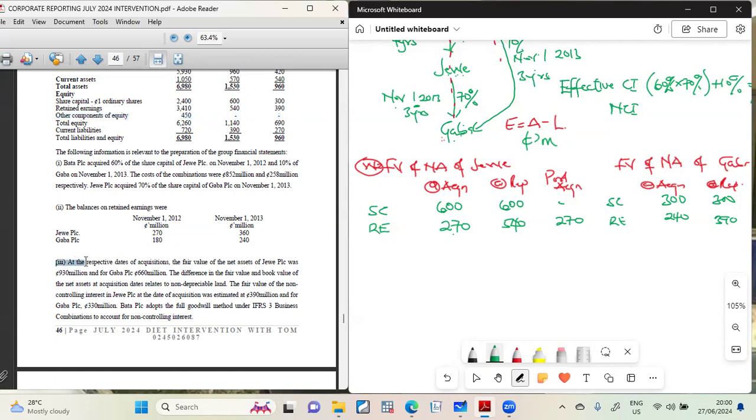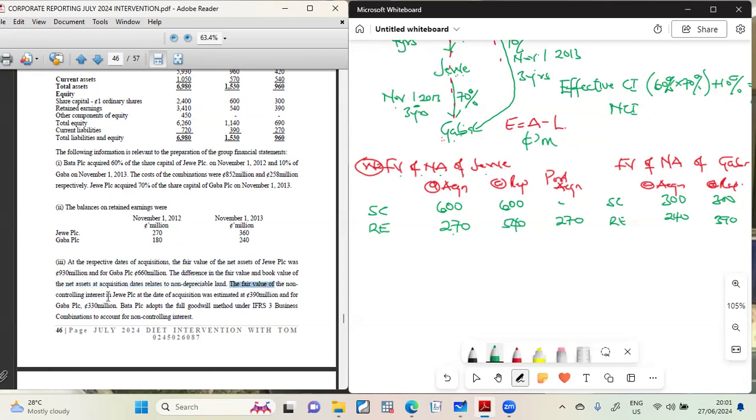It tells you that at the respective dates of acquisition, the fair value of the net asset of Jewe PLC was 930, and for GABA 660. So the fair value of net asset of Jewe at acquisition is 930. He has given it to you already. It says that the difference in the fair value and the book value of the net asset relates to non-depreciable land.